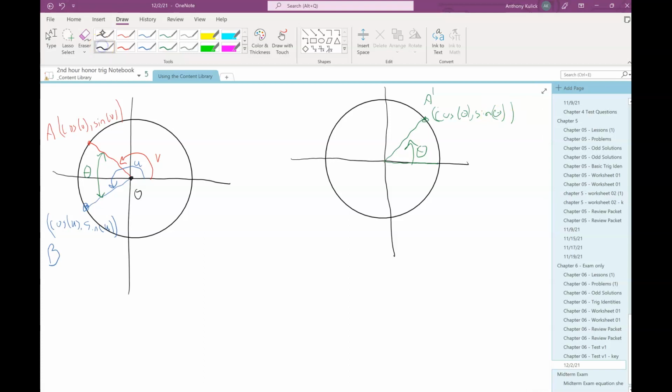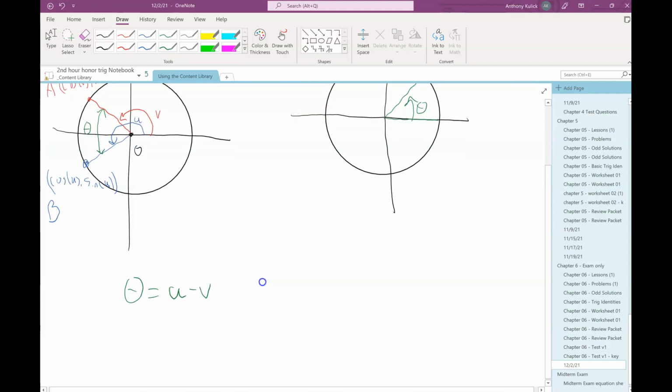Okay, so we have here that theta is equal to v minus u. I'm sorry, u minus v. So we know a couple of things here.